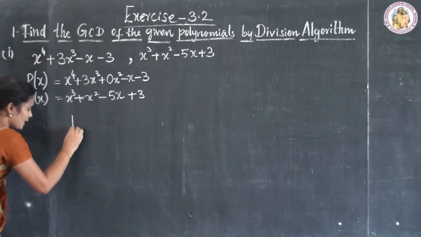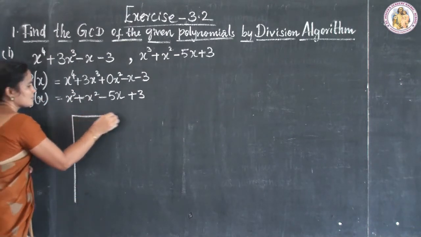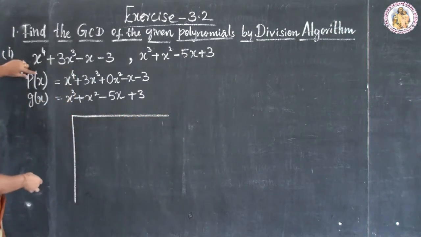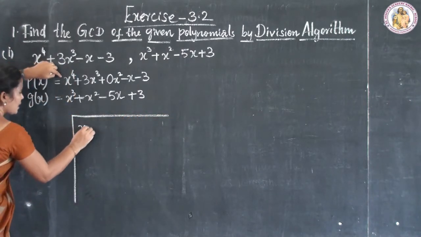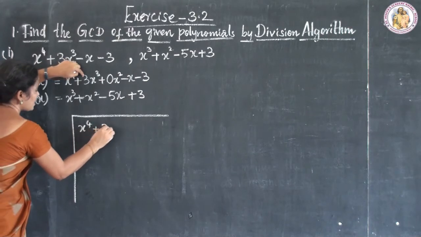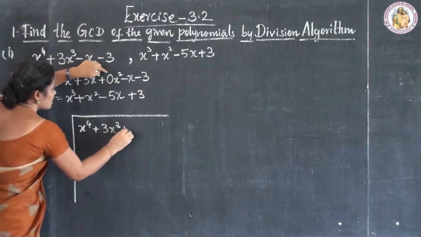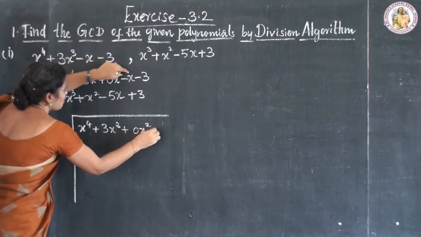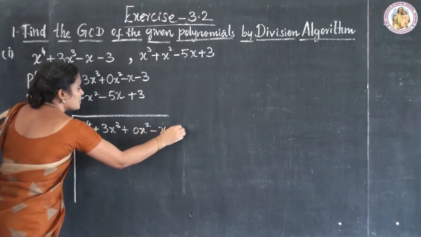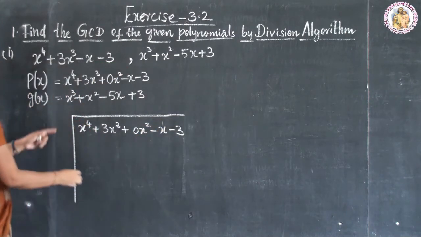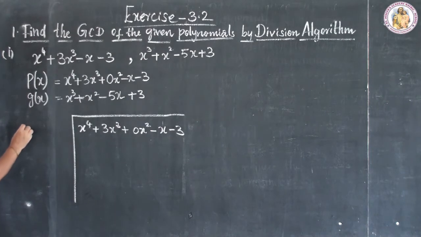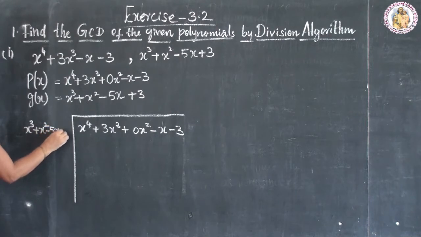Now let us divide. Write p of x, x to the power of 4 plus 3x cube plus 0x square minus x minus 3, and write g of x, x cube plus x square minus 5x plus 3.